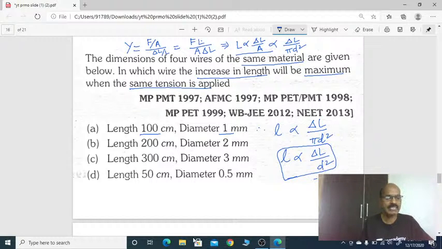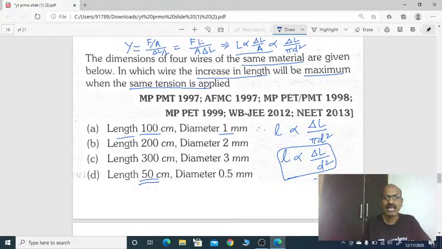But in both cases you can see that L by d square is maximum. In which case do you see length and diameter maximum? Change in length is directly proportional to L. That means if it increases, this also increases. Out of the four options, in which option are length and diameter maximum?